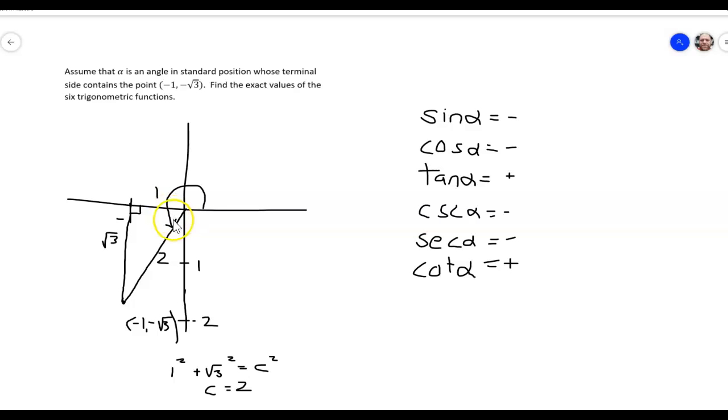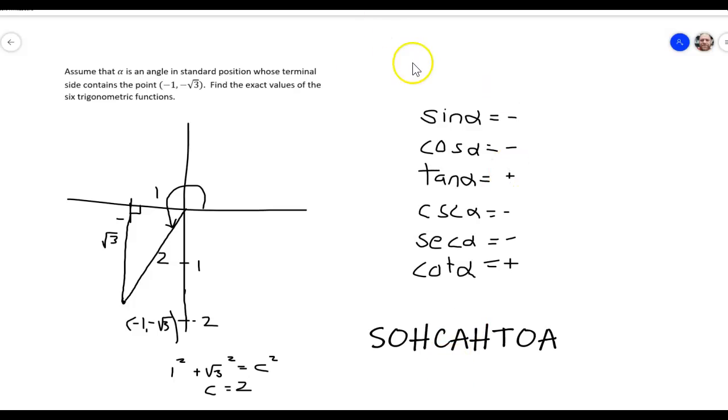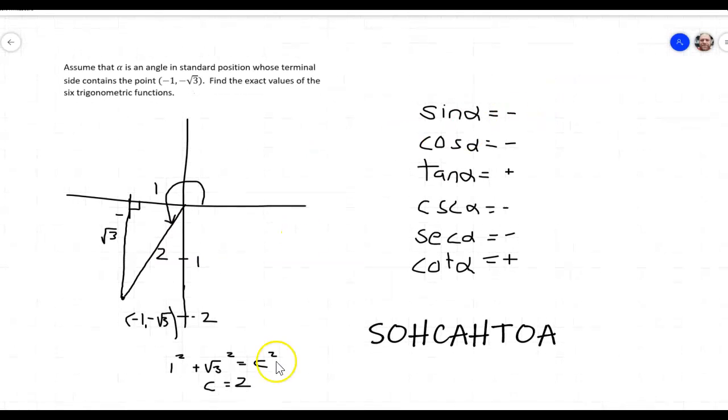So I have my angle here, and now I can just use my SOHCAHTOA. My sine of this angle is going to be opposite over hypotenuse, so that will be the square root of 3 over 2.